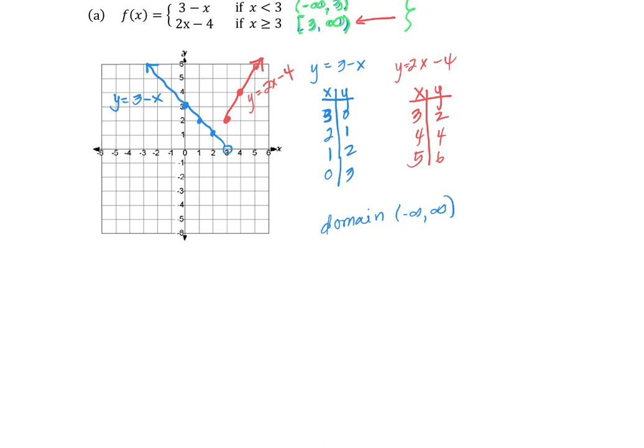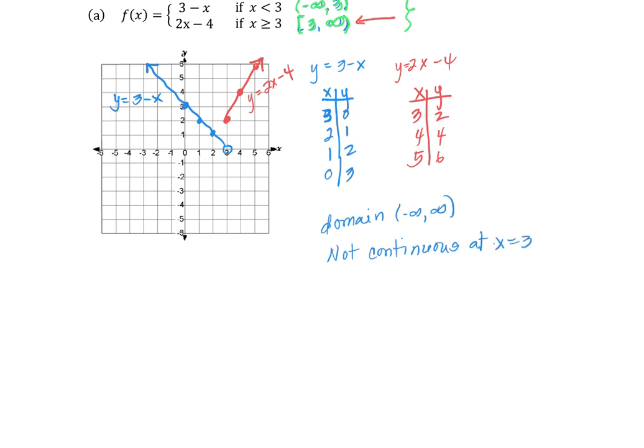Is this function continuous on its domain? No, it's not continuous. And in fact, I can tell you where it's not continuous. It would be at x equal to 3.